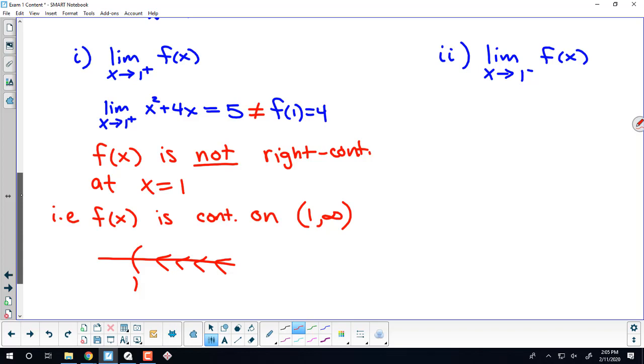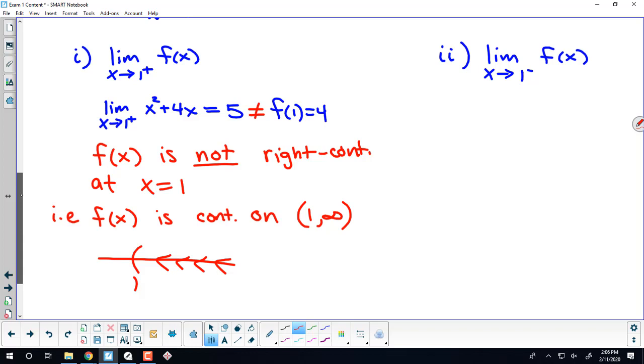Everybody okay with that? Is it also true at this point we can say the function isn't continuous at 1? So we can answer part A, right? Because if the limit from the right doesn't equal the function value, it doesn't matter what the limit from the left did. Let's say the limit from the left did equal 4.